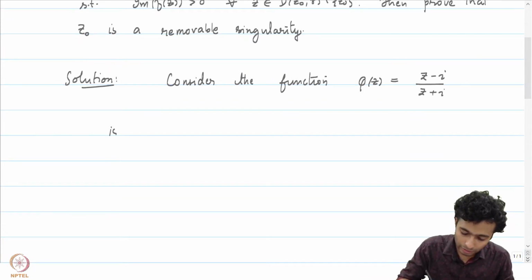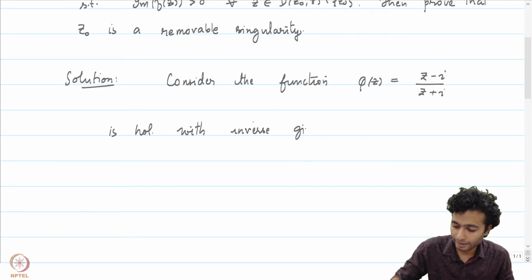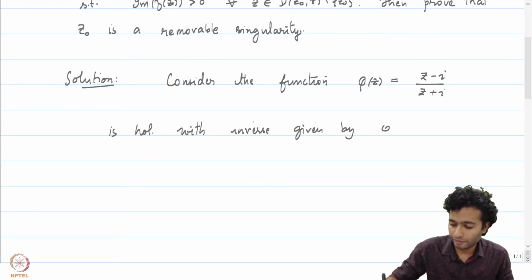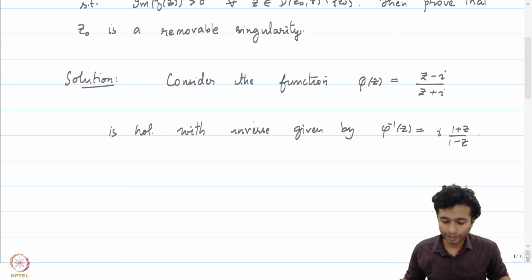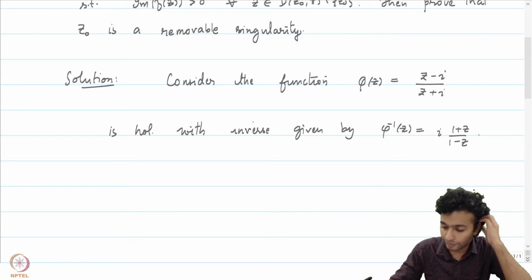The function is holomorphic with inverse given by phi inverse of z, which is i times 1 plus z by 1 minus z. So I know the inverse explicitly, so it's your job to sit down and check that phi inverse indeed is the inverse of phi that is written here.